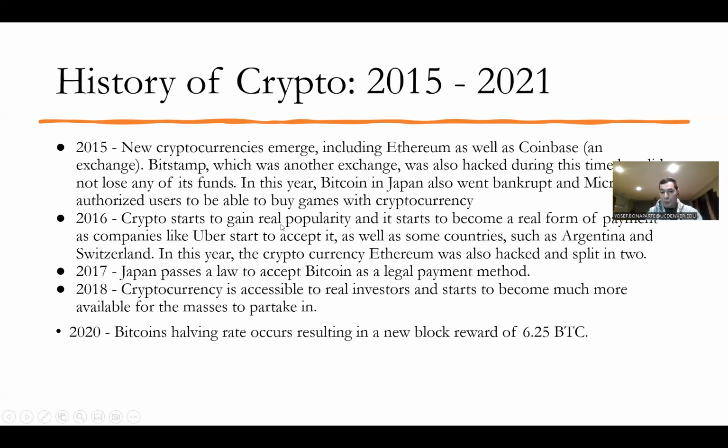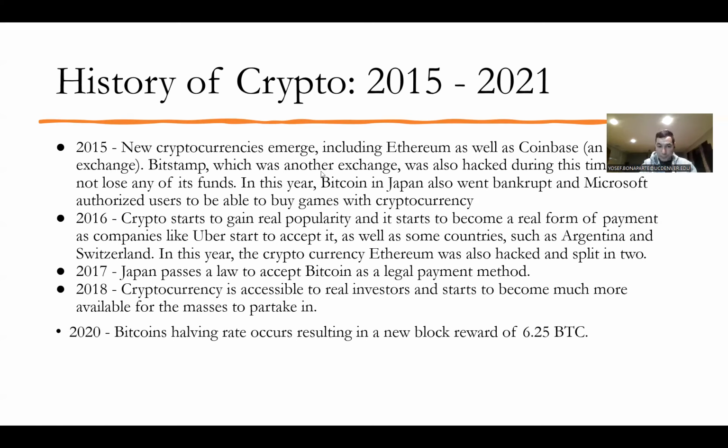Crypto started to gain real popularity in 2016 and became a real form of payment as companies like Uber started to accept it. In 2020, the Bitcoin halving occurred. Halving means the supply of Bitcoin becomes less, halved. Instead of having X amount, it becomes X divided by 2, with the supply of Bitcoin at 6.25 BTC.